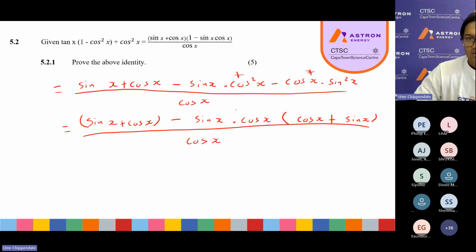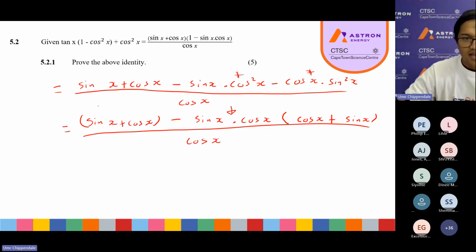If we took sine x times cos x out as a common factor, multiplied by this over here, it will give you sine x times cos x squared, which is this on top, and then negative times positive gives the other one on that side. Right? So everyone's still okay? Everyone's still following along?